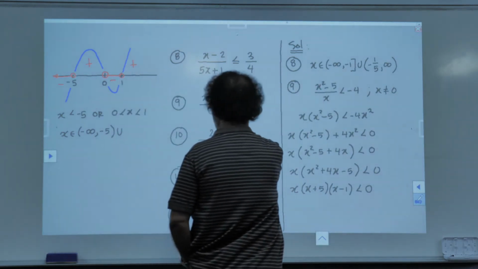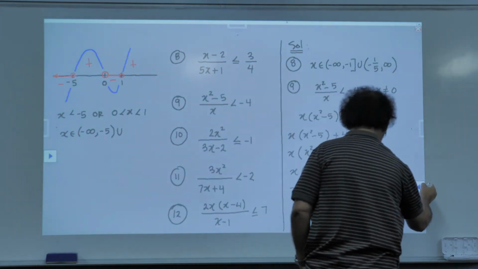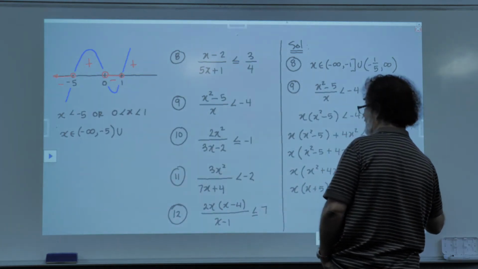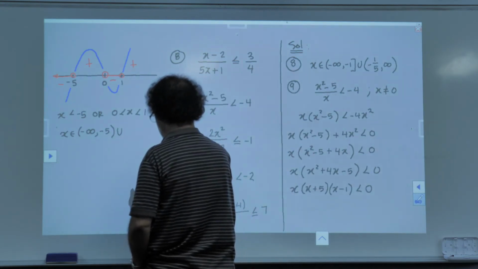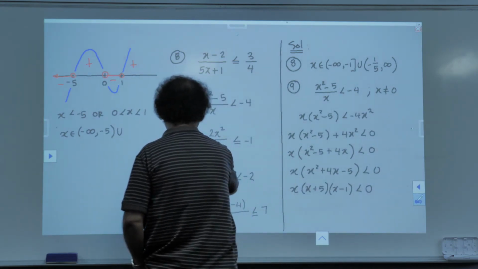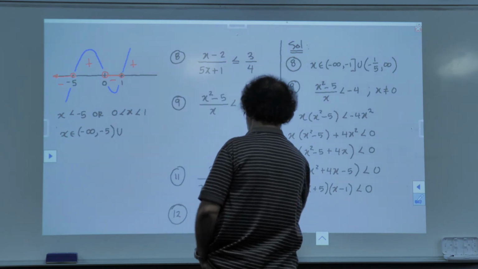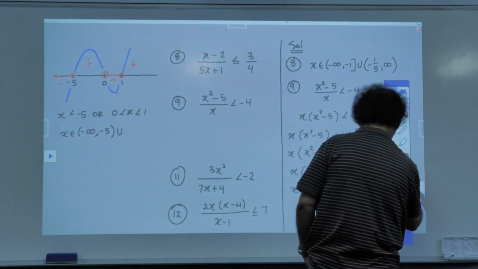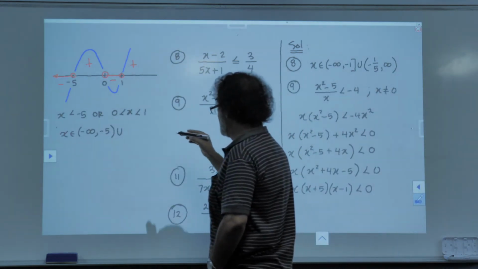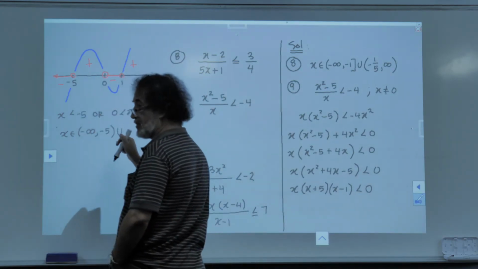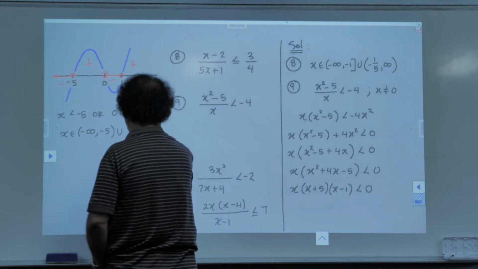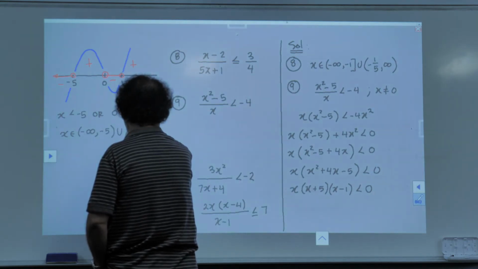Okay, and then we're going to say, I need more space. Okay, and then we're going to say united with this interval. So that interval is equal to, what is it? Open bracket 0.